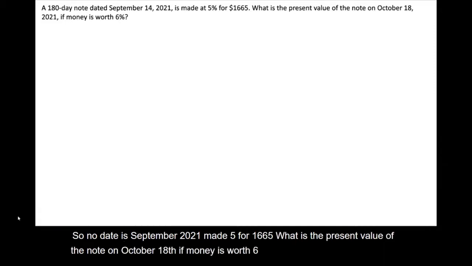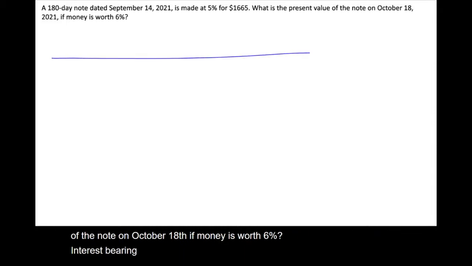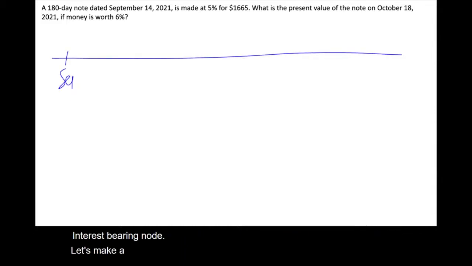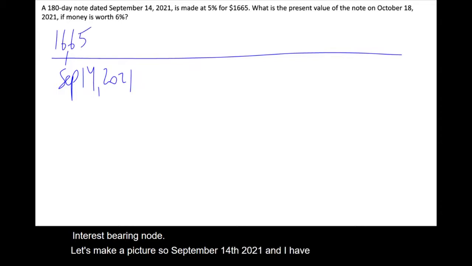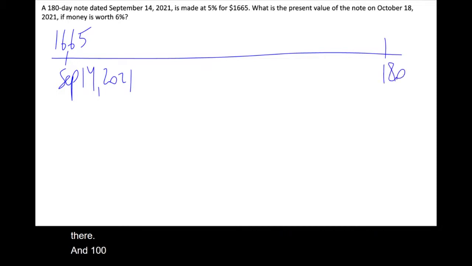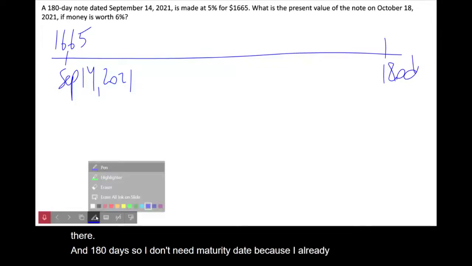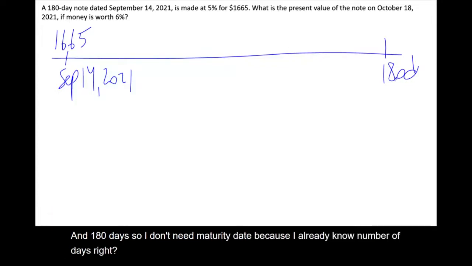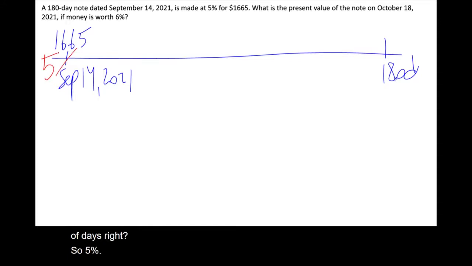So this time we have an interest bearing note. Let's make a picture. So September 14, 2021, and I have 1665 sitting right there, and 180 days. So I don't need the maturity date because I already know the number of days, right? So 5% interest rate.